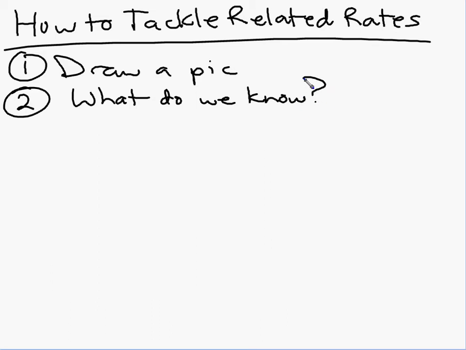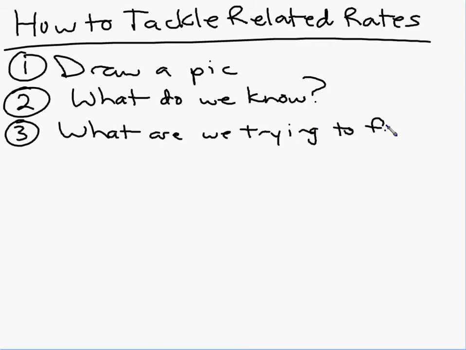What do we know? What do you think number three is? What are we trying to find? We want to know what we are trying to find. That's important. I need to have some direction for where I'm going with the problem. What am I trying to find?